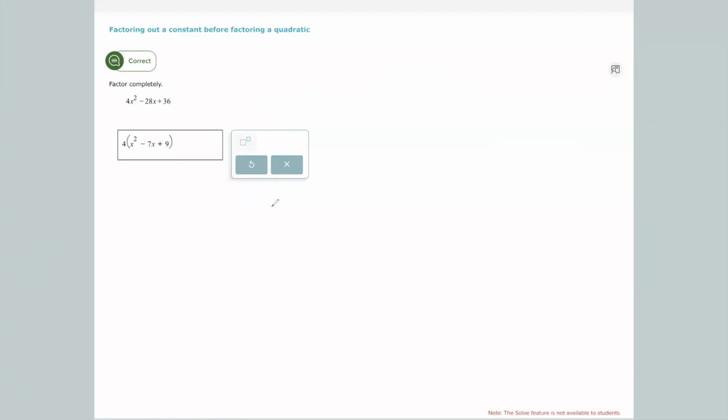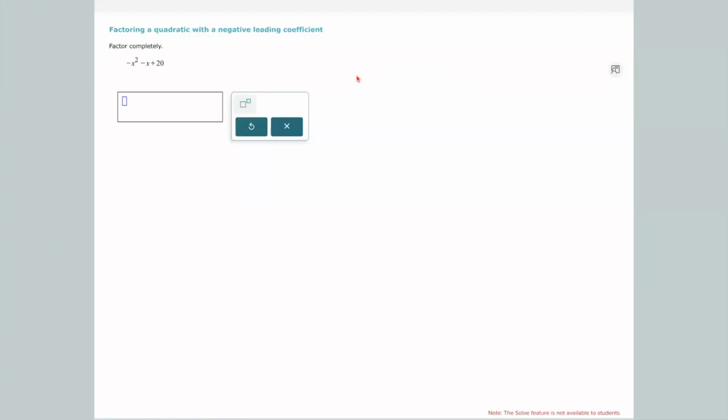But okay, one thing I wanted to emphasize. So the next style of problem I want us to try is this one where we're factoring a quadratic with a negative leading coefficient. Now, I feel like having the negative leading coefficient, so that negative x squared, makes things a little bit trickier. So what I'd like to do is let's just divide out by negative 1. So it's going to be negative times, now we have x squared plus x minus 20.